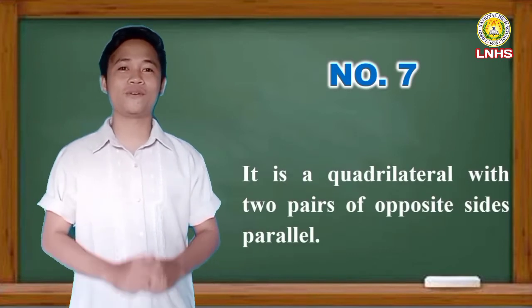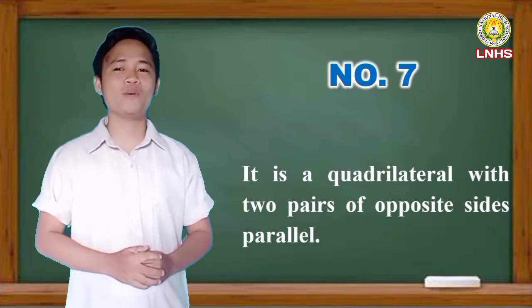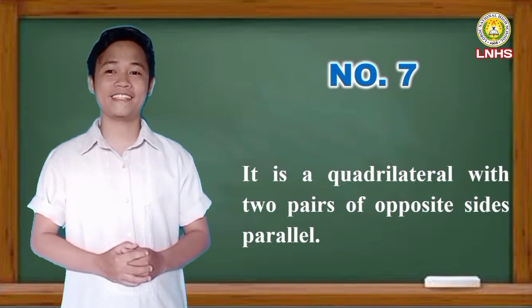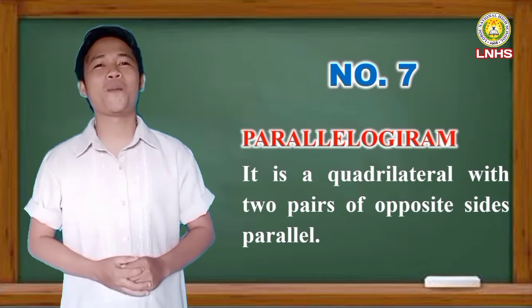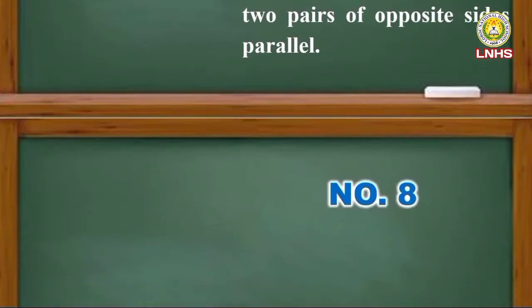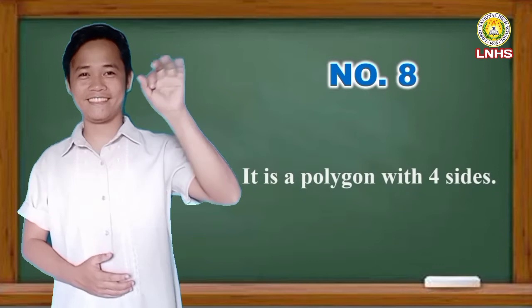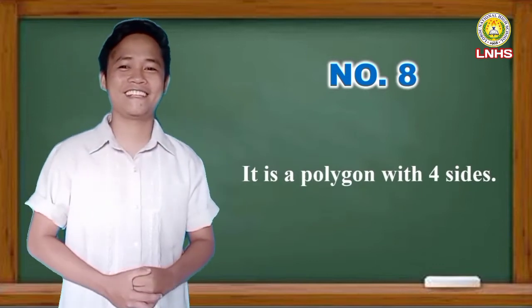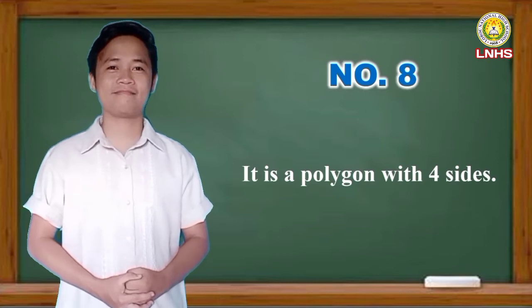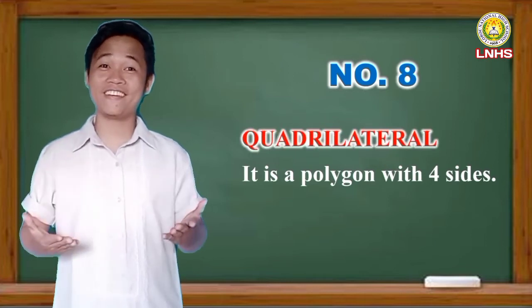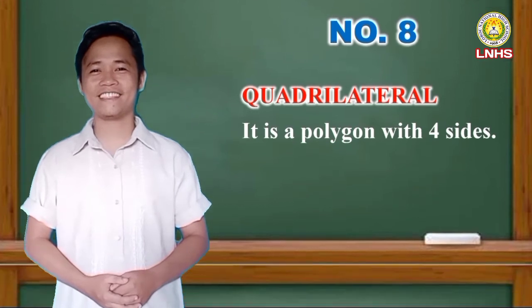It is a quadrilateral with 2 pairs of opposite sides parallel. Correct. The answer is parallelogram. Number 8. It is a polygon with 4 sides. Quadrilateral. Correct.